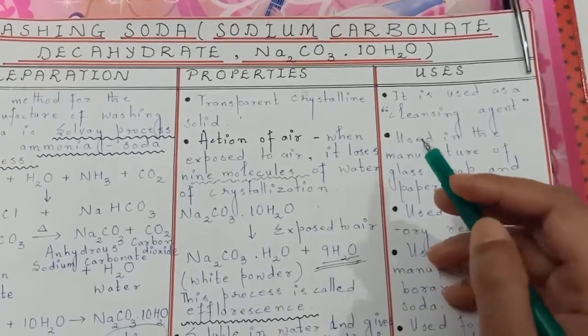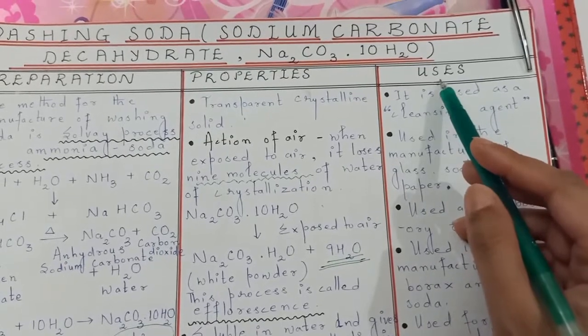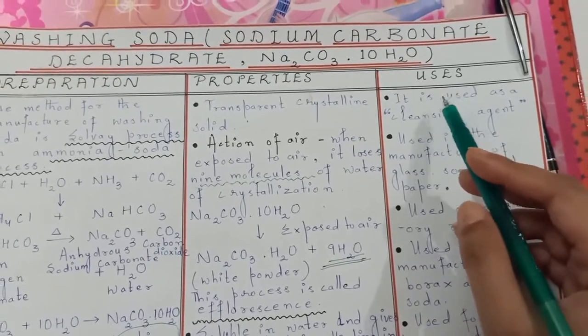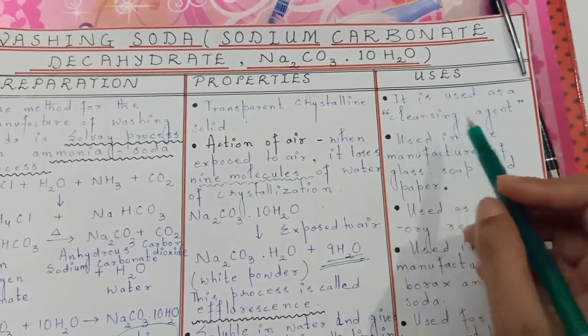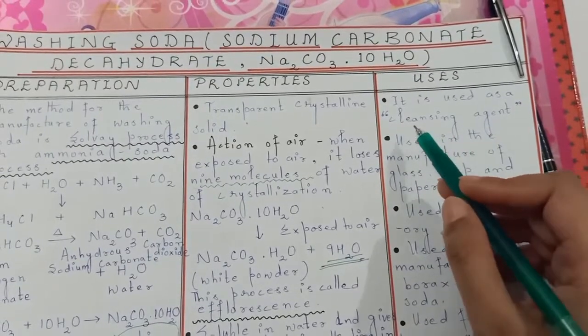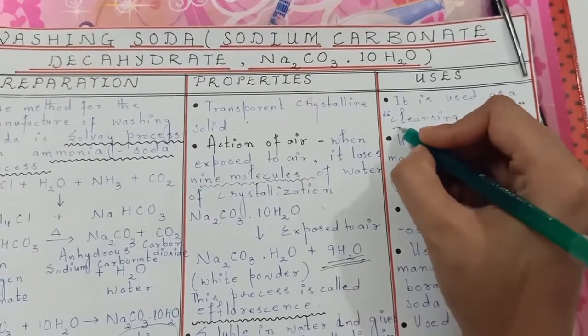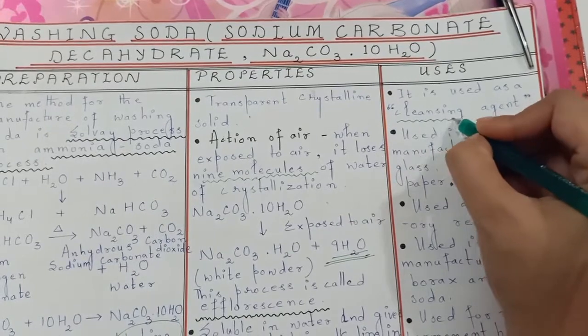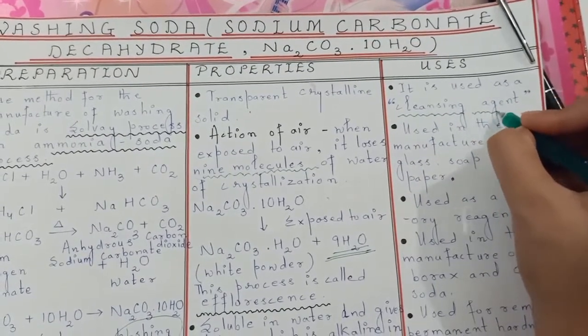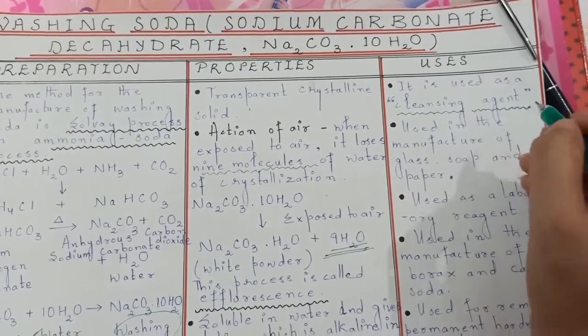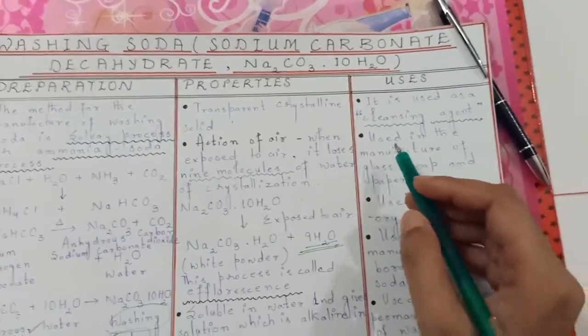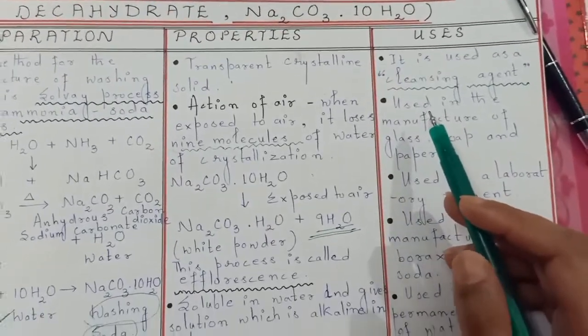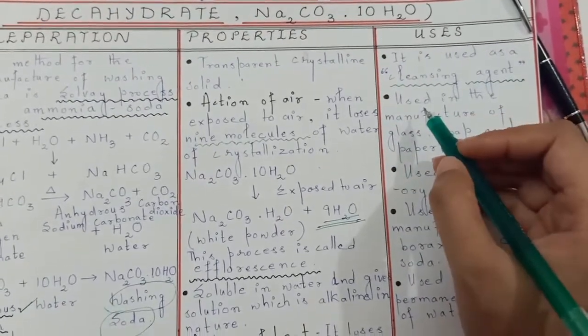Now coming on to the next aspect, that is uses of this compound. Now it is used as a cleansing agent. Like I have told you earlier also, it is used as a cleansing agent for removing different kinds of stains, mildews and molds.